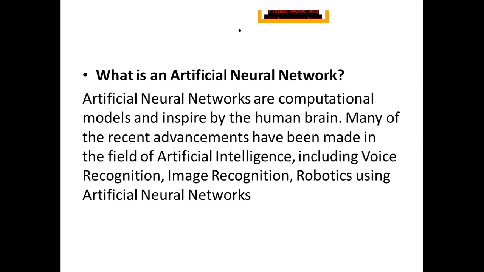So basically, artificial neural networks are computational models inspired by the human brain. Many of the recent advancements in the field of AI, say for example voice recognition, image recognition, and robotics, use artificial neural networks.